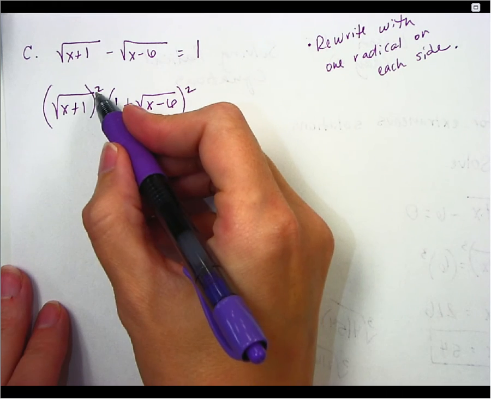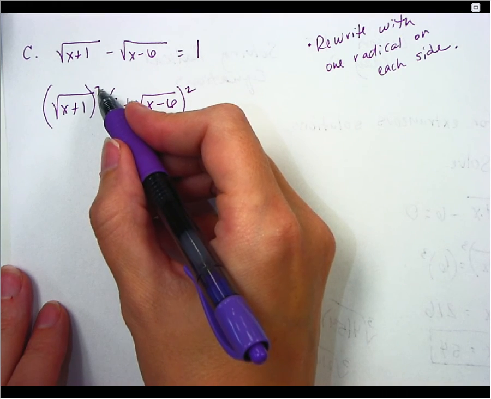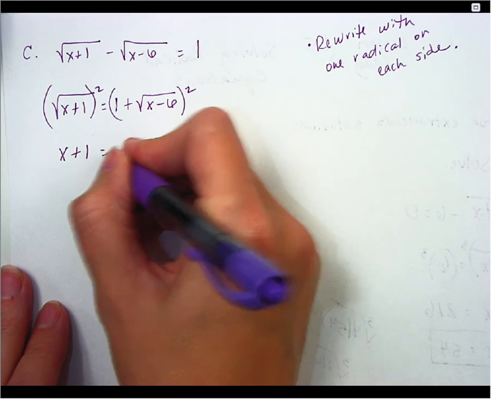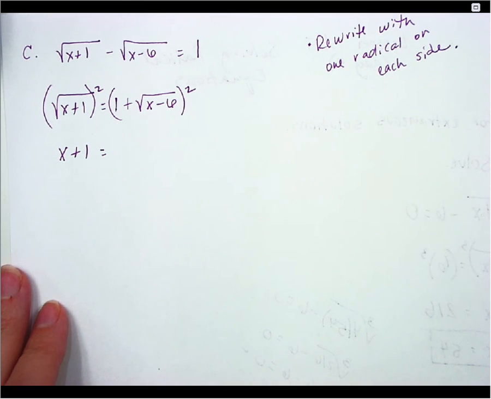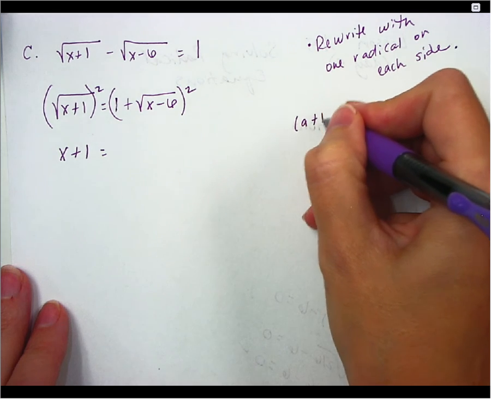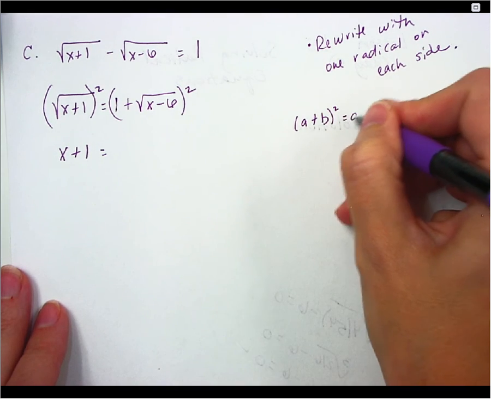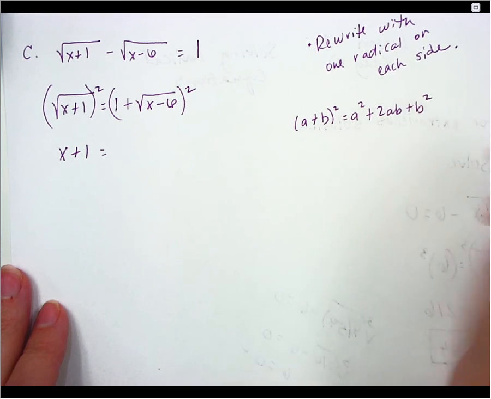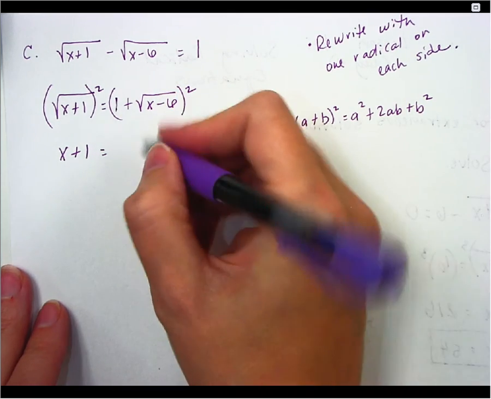Right, on the left, it's not as difficult. We square a square root and we are just left with the x plus 1. On the right, we have to square this as a quantity. So I'm going to use my good old fashioned rule shortcut to be able to do this. So I'm going to square the first one, which is going to be 1.